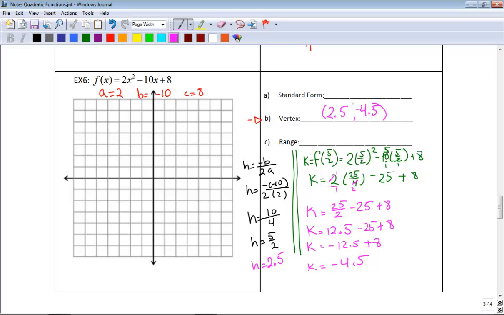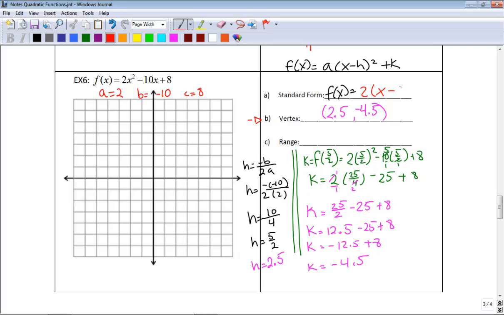So going ahead here, let's find the standard form. Again, standard form is that f of x is equal to a times x minus h squared plus k. So f of x would equal, well, what's a? A is 2 times x minus, well, what's h?